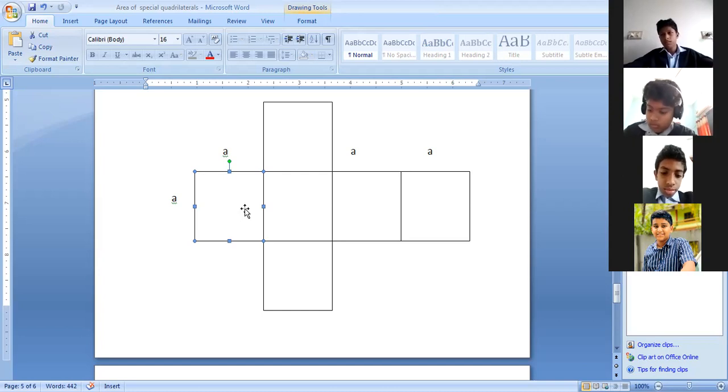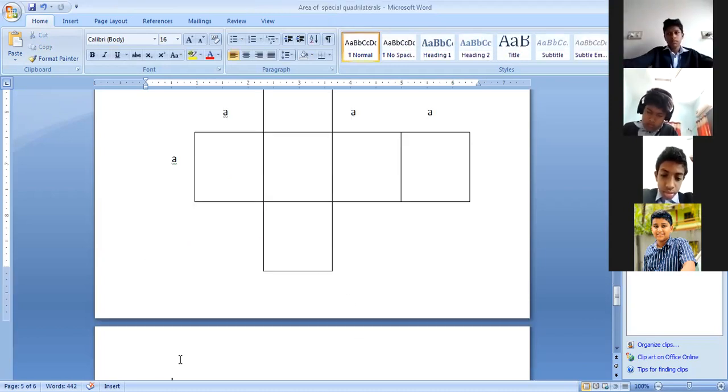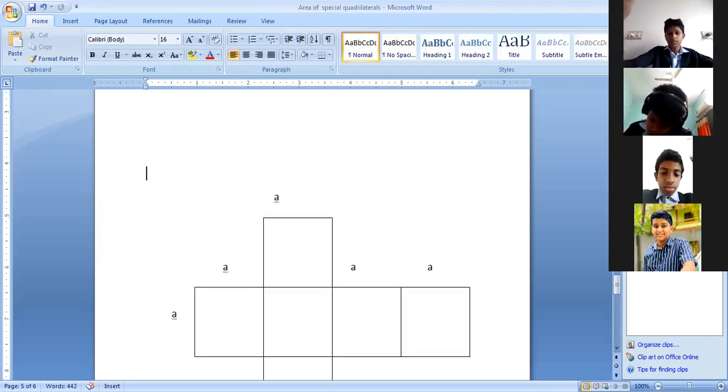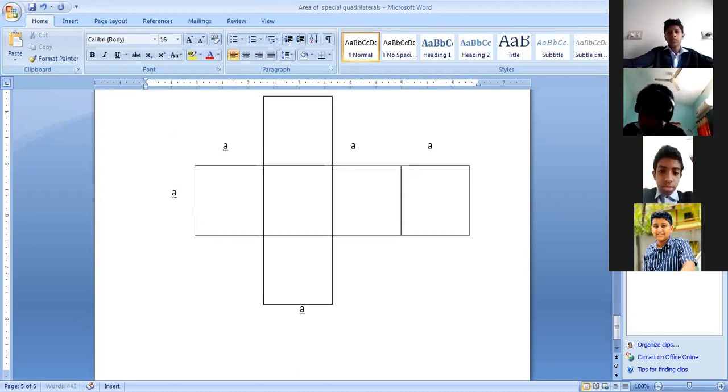How many squares are there in the case of a cube? 6. So the surface area of the cube will be area of 1 square into 6, right?